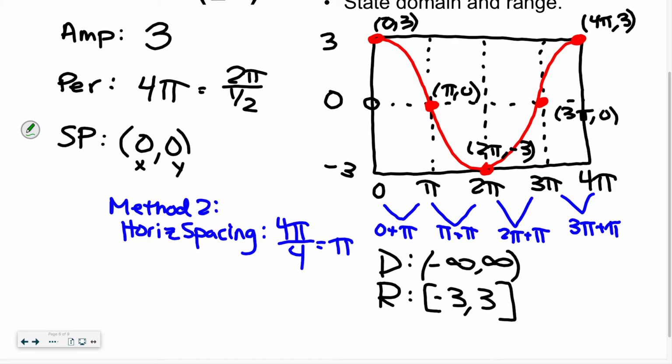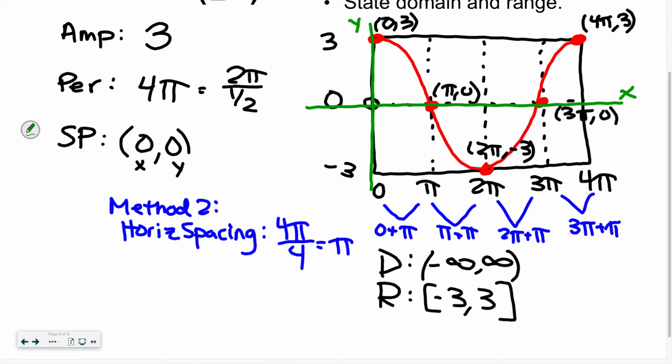Okay, 0, 0. So I've got my y-axis. There's my y. Here's my x-axis. And if I think back to the parent function for cosine, remember its amplitude was only 1. This wave's amplitude was 3, so I have a shorter wave. And its period for the parent graph is only 2 pi.